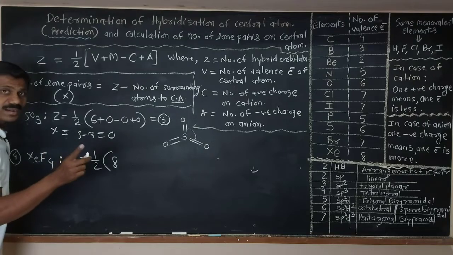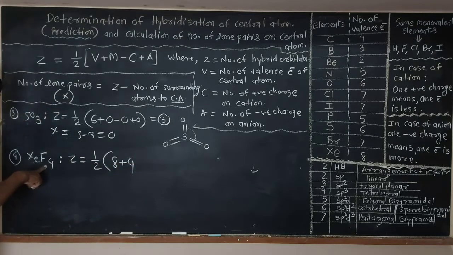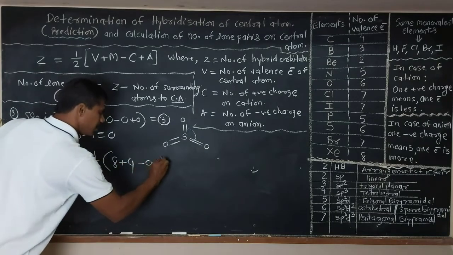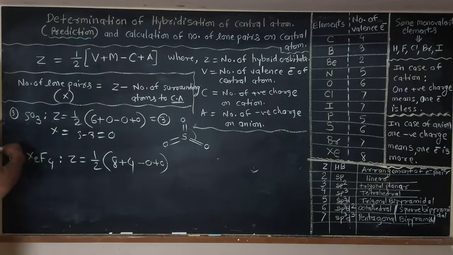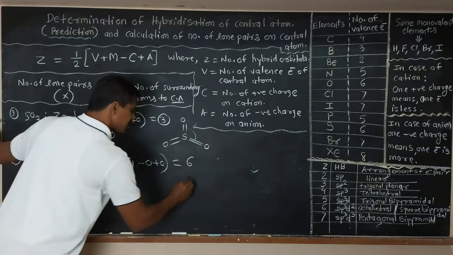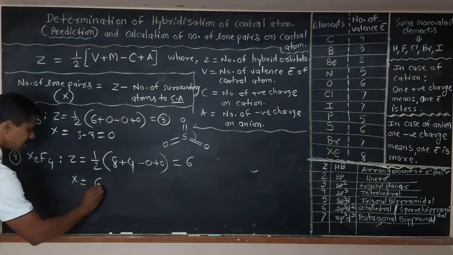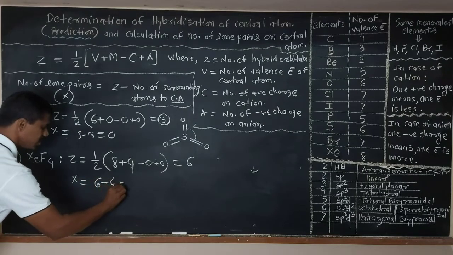Fluorine is a monovalent element, therefore 8 plus 4 monovalent atoms surrounded to xenon, minus 0 plus 0, since it is neither a cation nor an anion. So 8 plus 4 is 12, into half, 6 is the Z. What is x? 6 minus 4 is equal to 2.